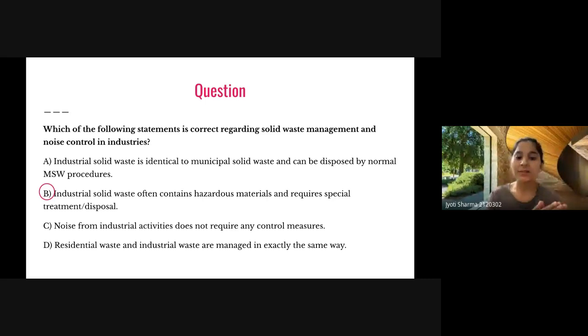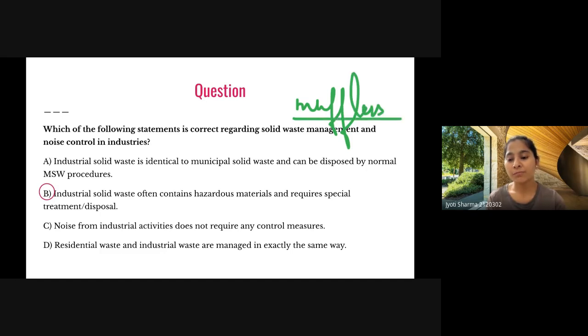Industrial waste may have hazardous material, it can give you noise pollution, so we also have to control this noise pollution. And if you have heard about mufflers and all, we have to use mufflers, you can read about this, to control the noise that is generated from the industries.